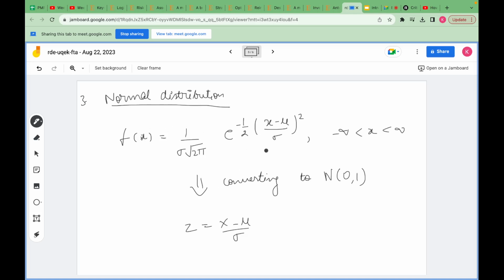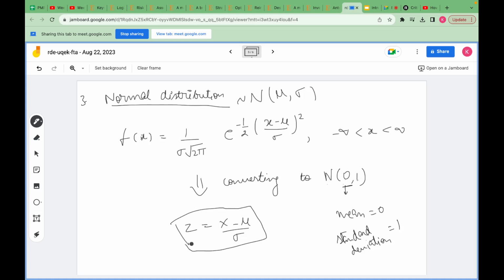To solve the problems, we generally convert any normal distribution with mean mu and standard deviation sigma into the normal distribution with mean 0 and standard deviation 1, by using z equal to x minus mu by sigma.